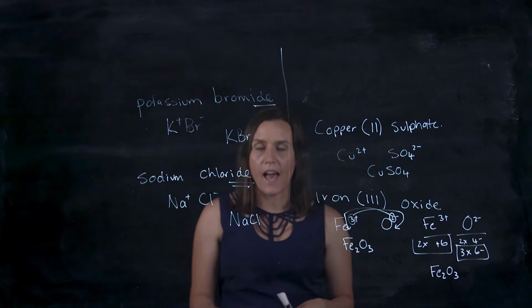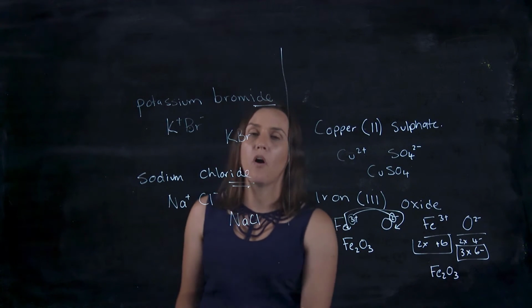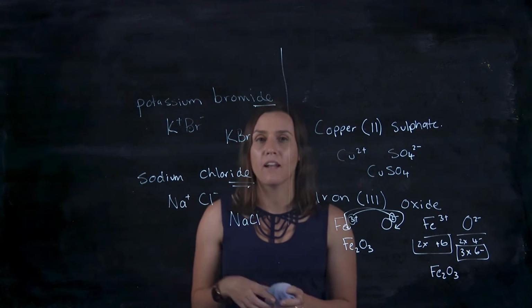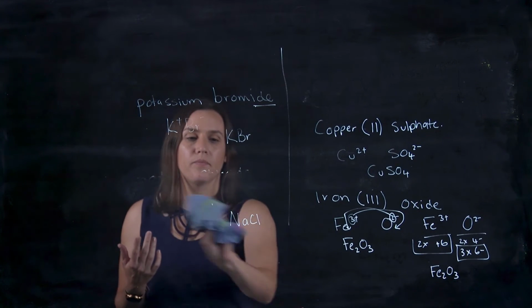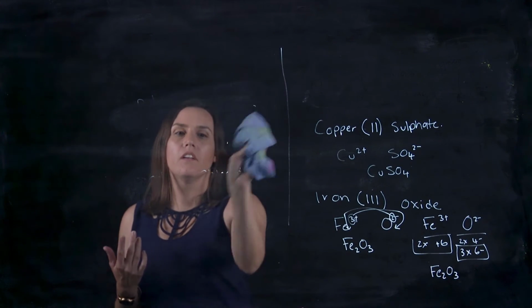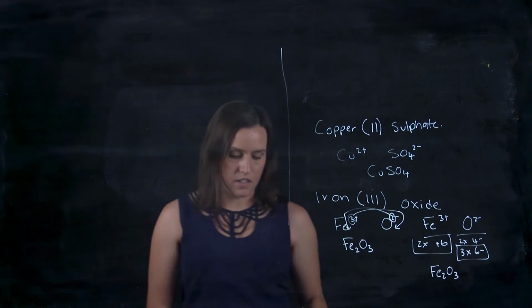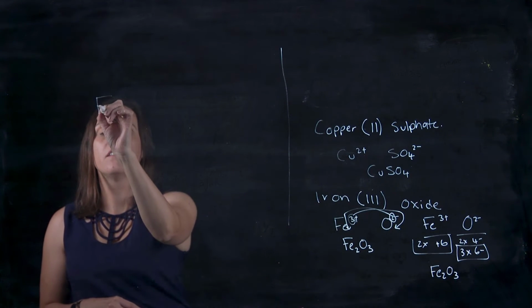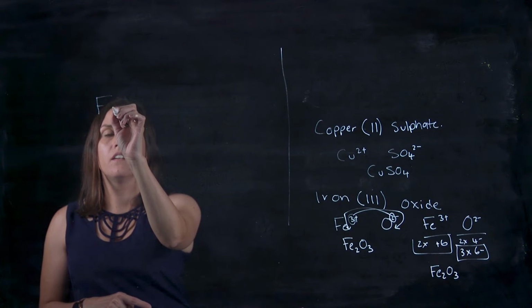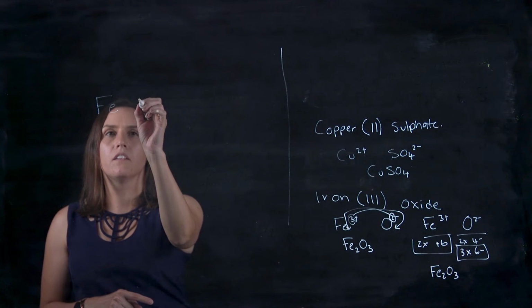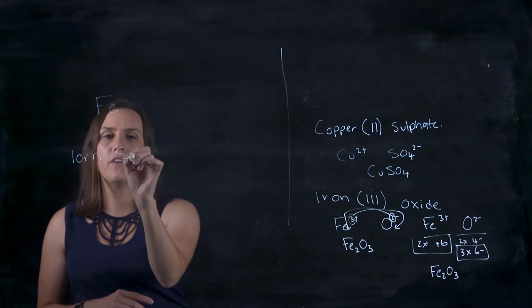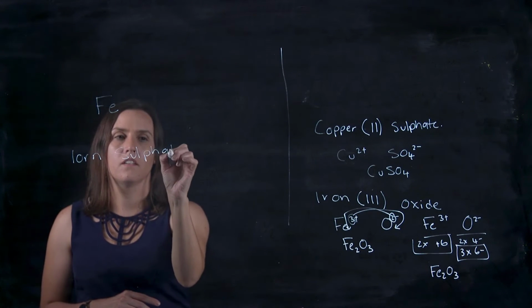Now, the only case I haven't discussed is when you have a polyatomic cation or anion and you're going to have multiple ones of those. How do we write that out? So let's say that I have iron sulfate, going from the name.